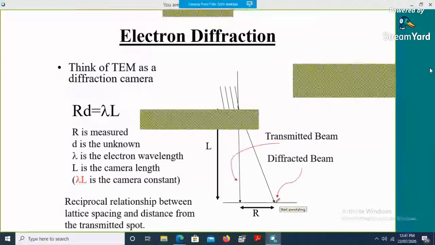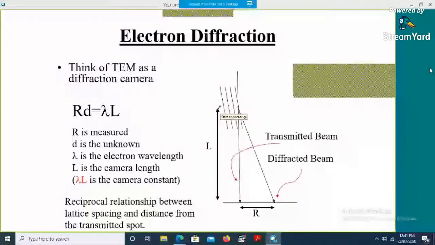That is called R. And then the distance between your sample and the camera is called the camera length, which is L. So R and L are related to D, which is the unknown quantity in the case of crystals. If you know the value of D, you can identify the crystal plane. So R D is equal to lambda L.